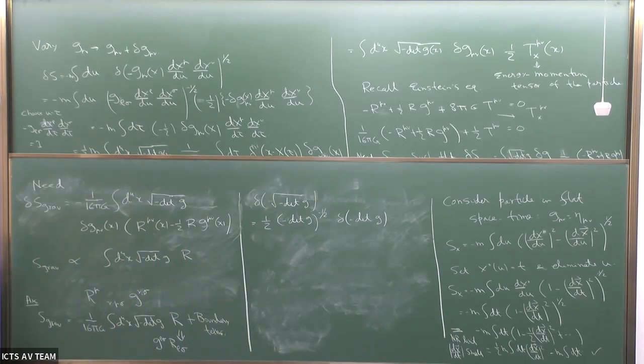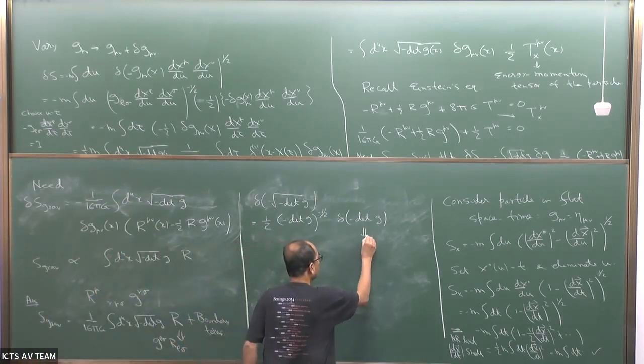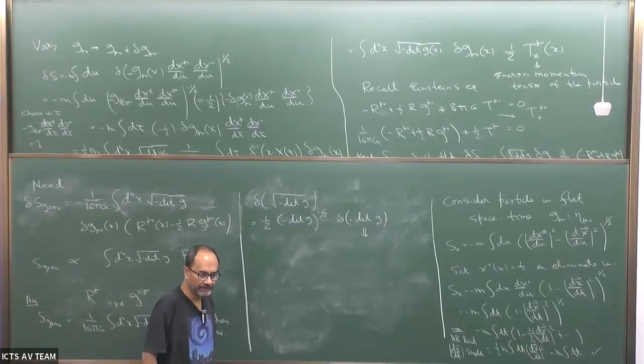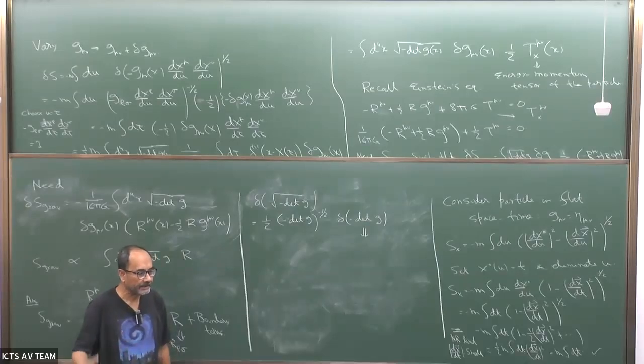Is this point clear? Okay, so this one, there is a general result, which I have not proved, but that's a question of matrix identity. If you take a determinant of a matrix and vary the matrix, what do you get?